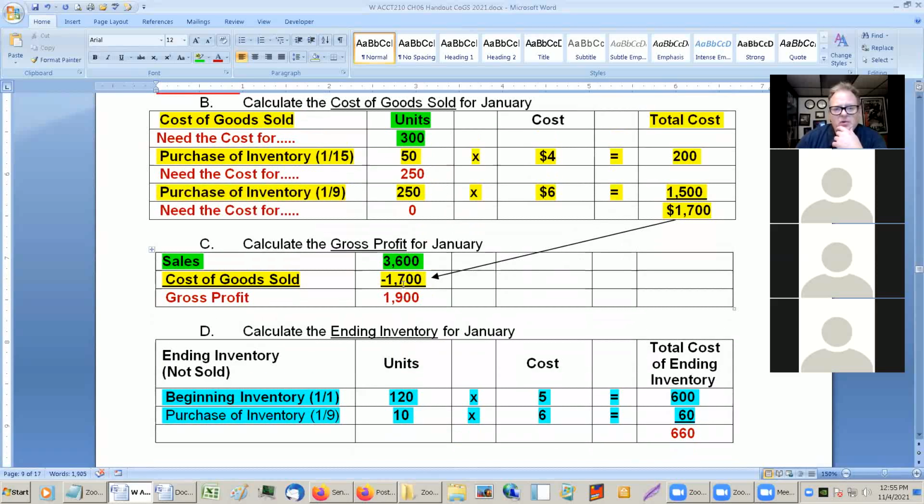Okay, any questions on any of these? Especially the cost of goods sold and the ending inventory. And again, these are the tricky ones. And you'll notice too, and I think I mentioned this before, the beginning inventory, using the LIFO method, may stick around for decades if you never sell it all the way down.